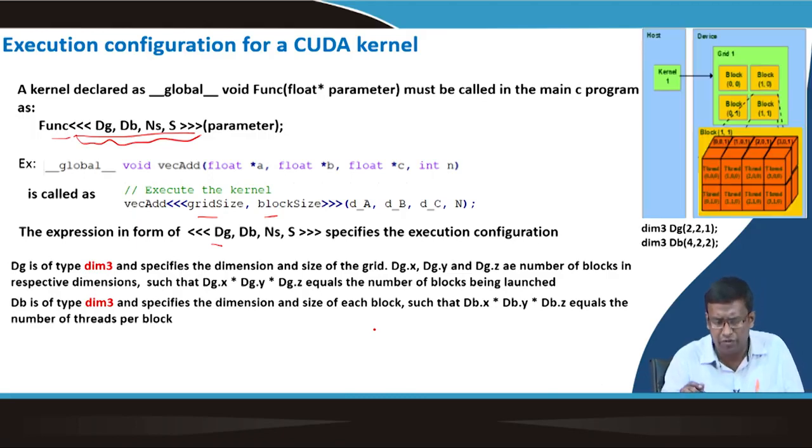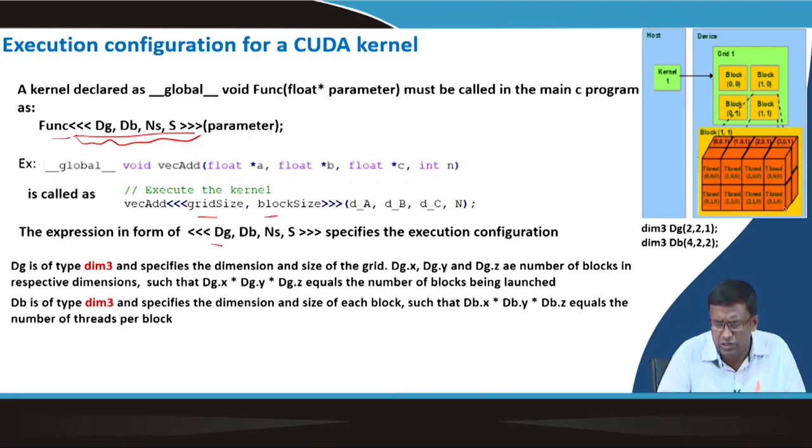So, we can see that if we launch a kernel, each kernel launches an associated grid. Inside the grid, to specify the grid size, we write Dg as 2 2 1. Therefore, 2 blocks in the x direction, 2 blocks in the y direction, and in the z direction only 1 block. So, a total of 4 blocks will be there, and for Db, that is the block size, we write 4 2 2.